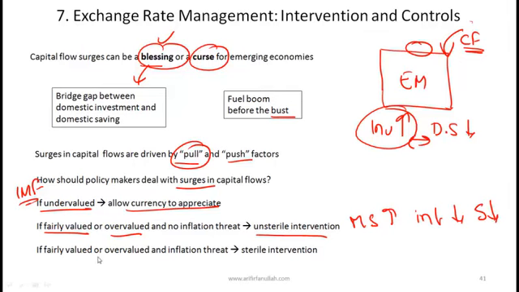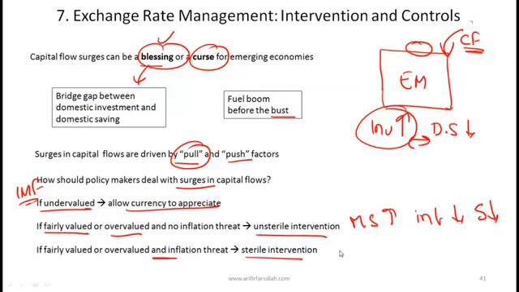If your currency is fairly valued or overvalued and there is an inflation threat, then the IMF recommends sterile intervention. And what this means is that the central bank should sell domestic securities to the private sector. When this happens, the central bank is mopping up liquidity.